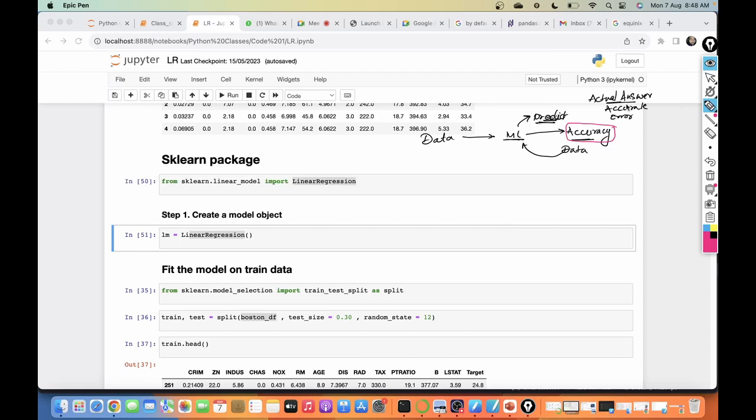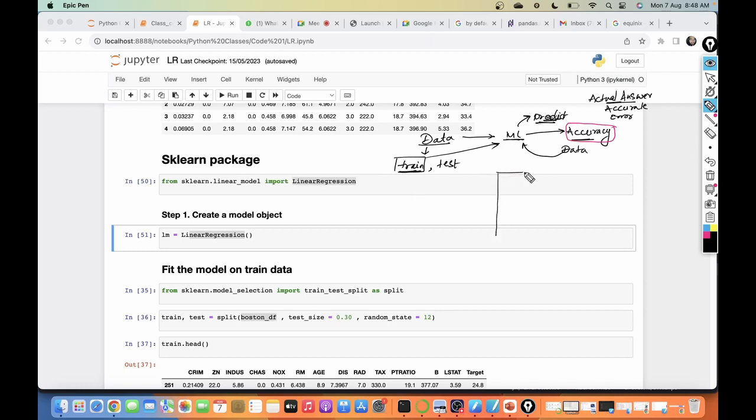So for this reason, what we do, we split the data into train data and test data, right? We have learned this. And instead of test, we provide train data into the model. We say the machine learning algorithm to learn the pattern of this train data, right?